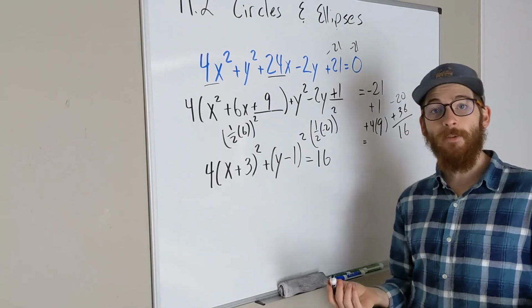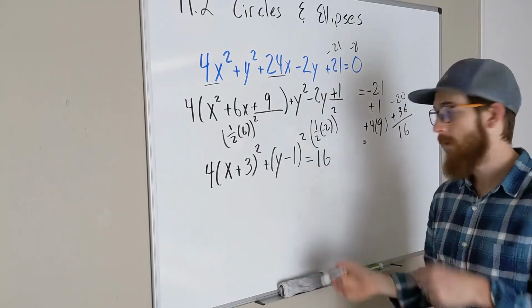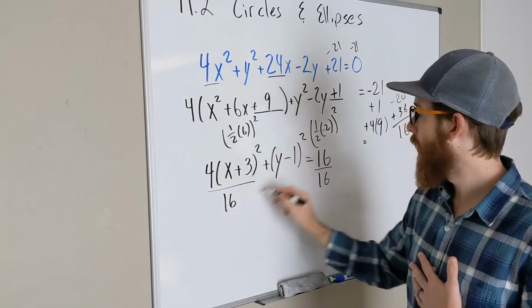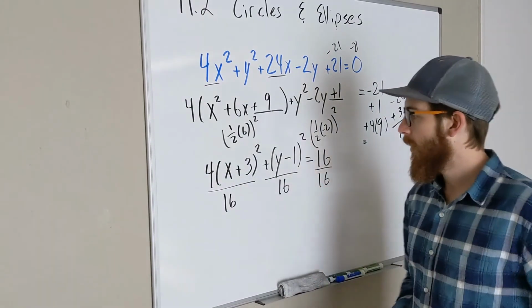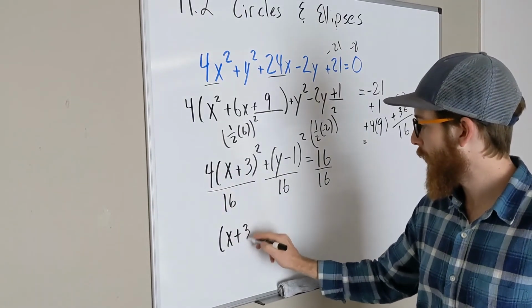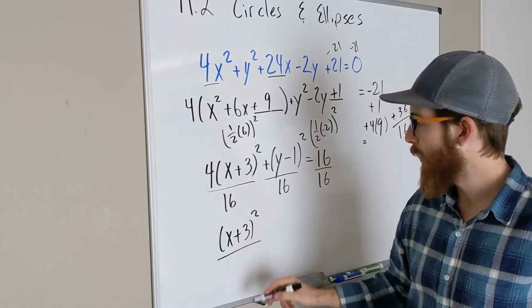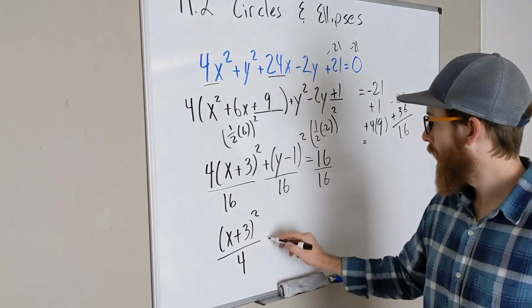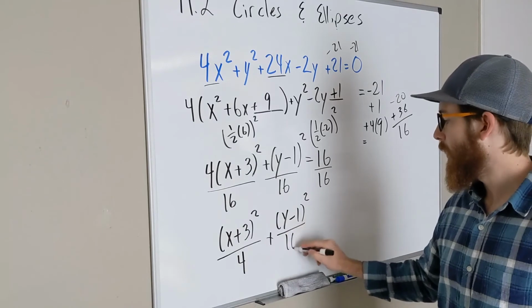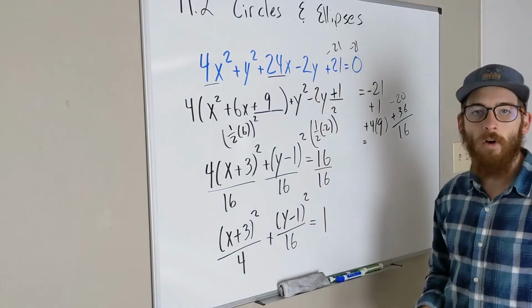But the rule for an ellipse is that it always has to equal 1. So divide both sides by 16. Okay, 4 over 16. So (x plus 3) squared over 4 plus (y minus 1) squared over 16 equals 1.